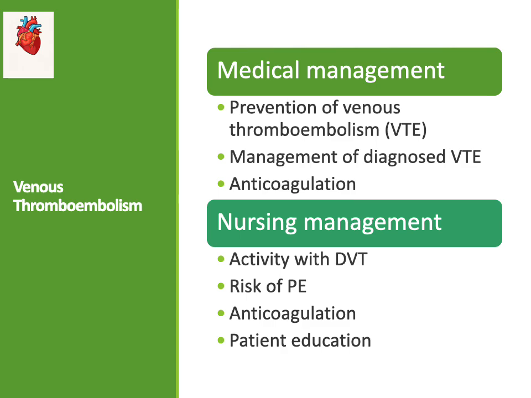Okay, so medical management, we're going to put them on anticoagulation, could be low molecular weight heparin or unfractionated heparin. We want to help prevent any further clot with early mobility using our SCD compression devices. Make sure we're monitoring the patient for bleeding and further clotting, and make sure they're in a therapeutic range.